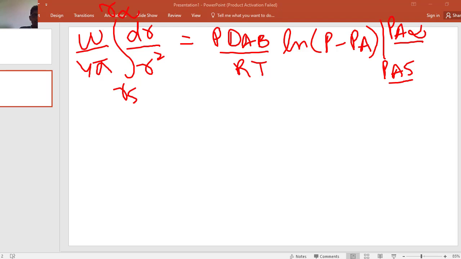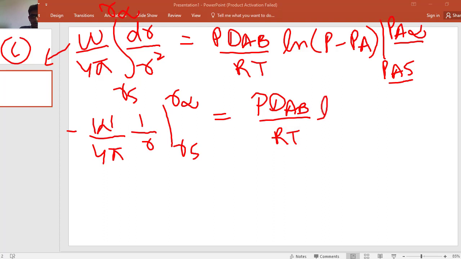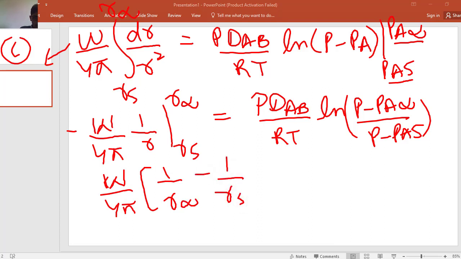Now integrate the whole equation and apply the limits: W divided by 4 pi times 1 over R infinity minus 1 over RS equals P dAB divided by RT ln of P minus PA infinity divided by P minus PAS.